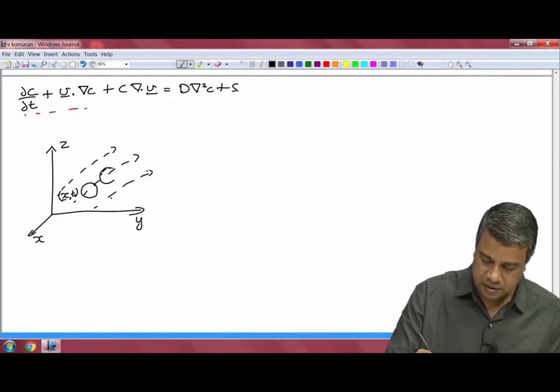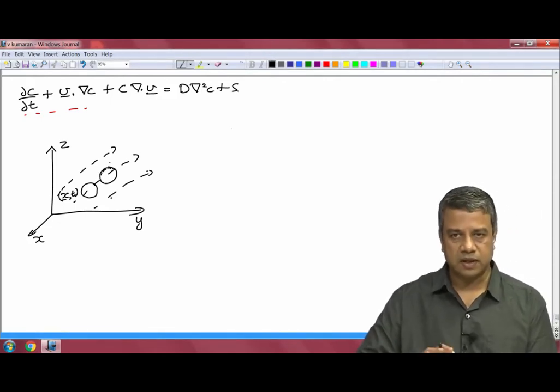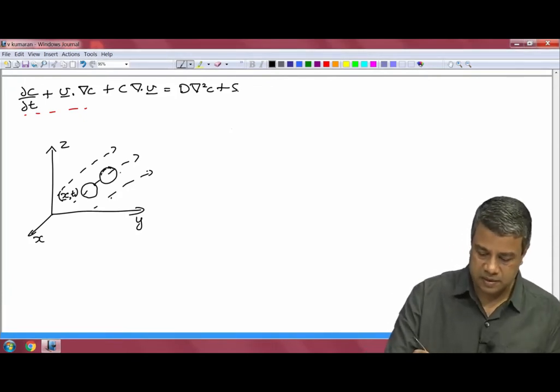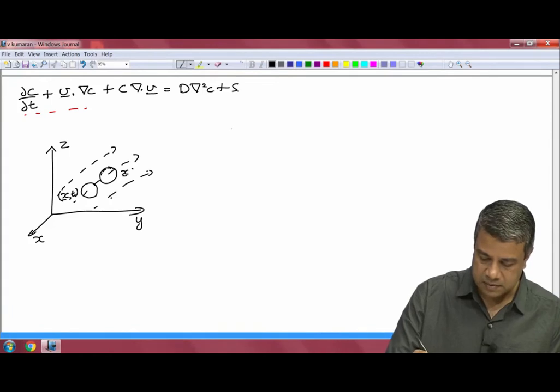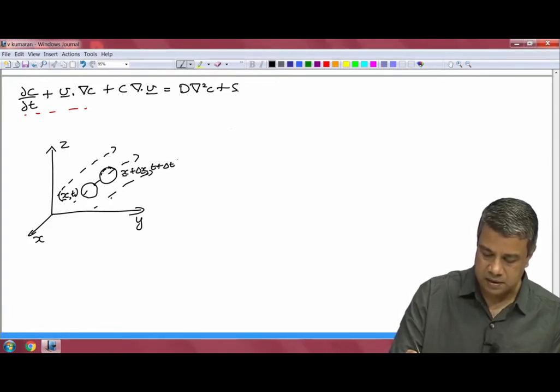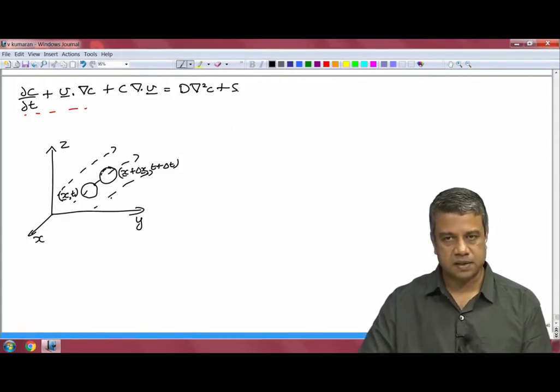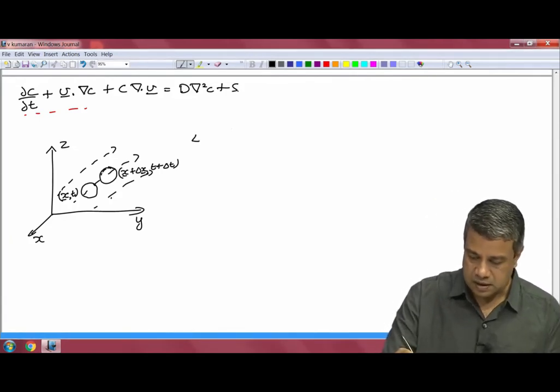If you take a volume element that is moving along with the fluid, at a later time it will occupy a new location x plus delta x, t plus delta t.